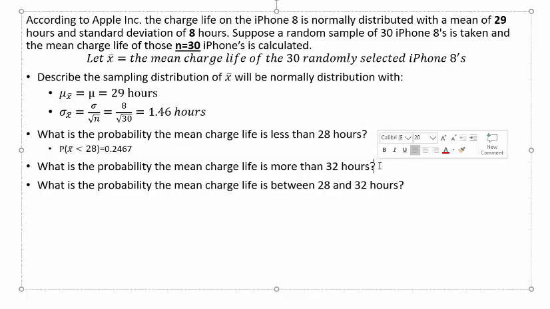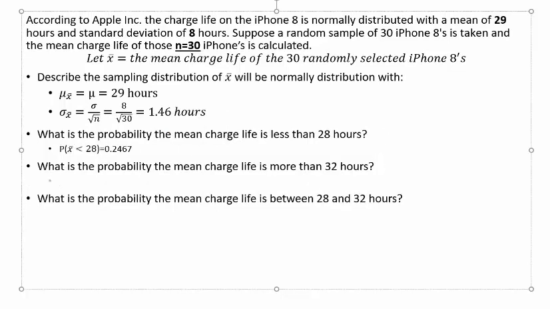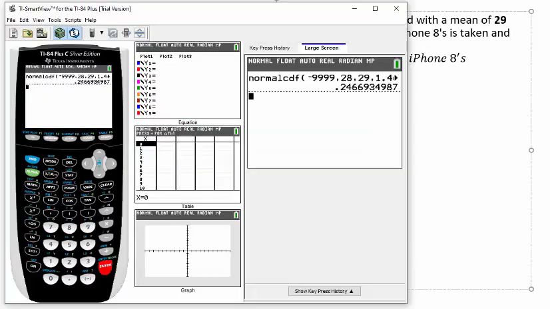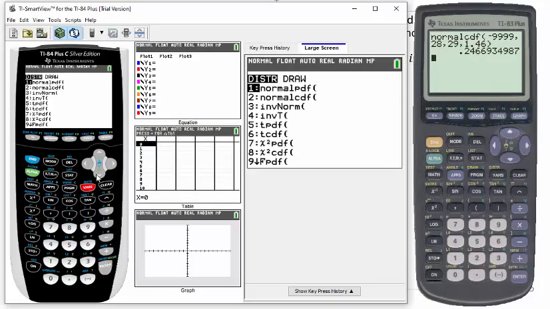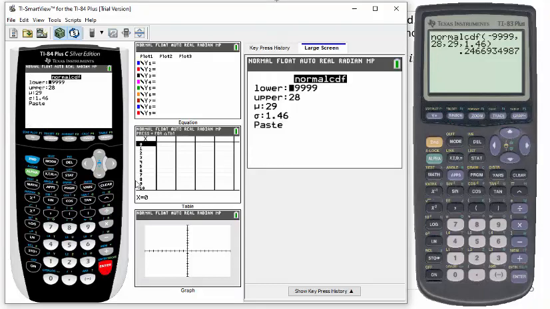Okay, let's do the next one. What is the probability it's more than 32 hours? That's what I want to find here: the probability that x bar is greater than 32 hours. We go back to second function, distribution, normal CDF. Now the lower bound starts at 32 hours and goes up to 9999.